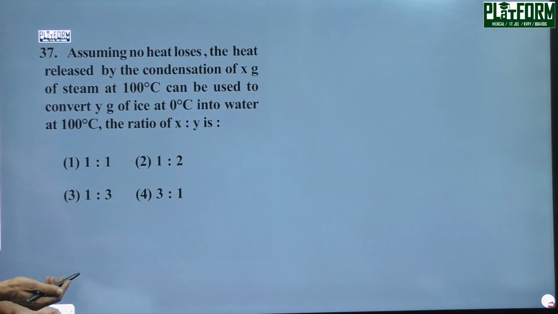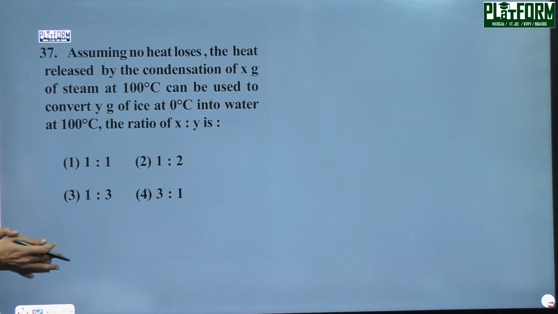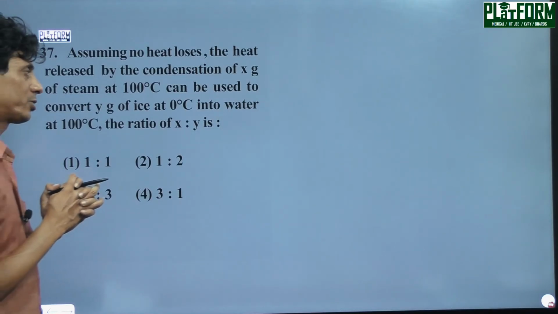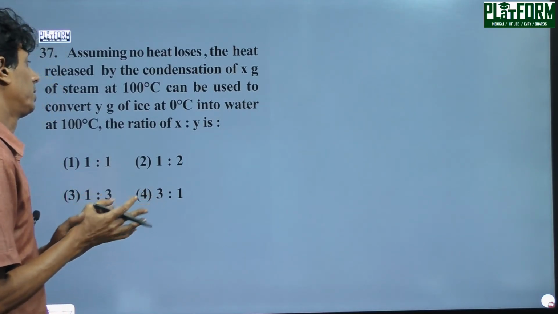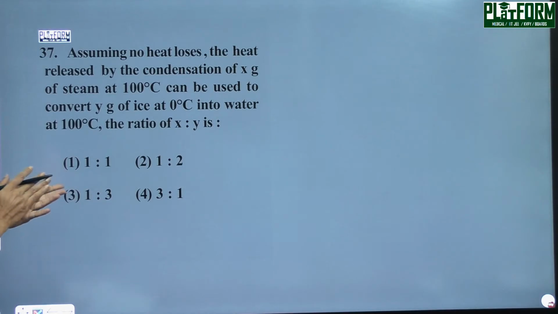Next problem. Assuming no heat loss, the heat released by the condensation of X gram of steam at 100 degrees centigrade can be used to convert Y gram of ice at 0 degrees centigrade into water at 100 degrees centigrade.